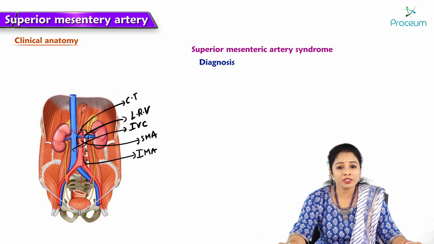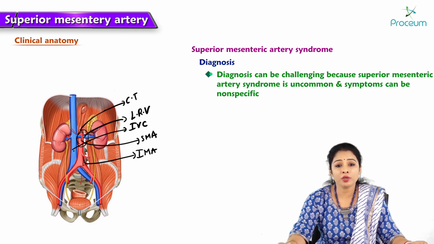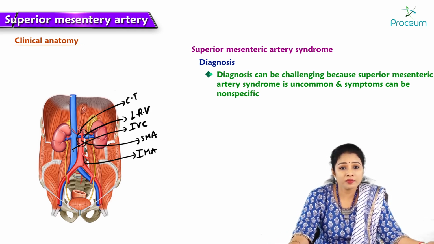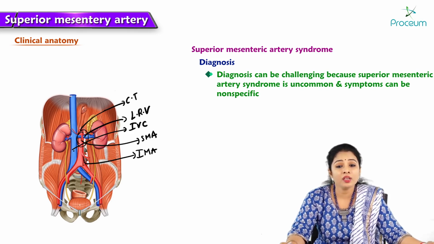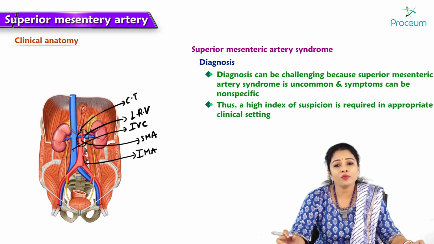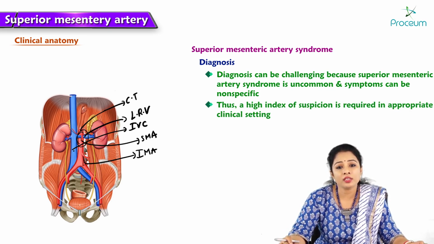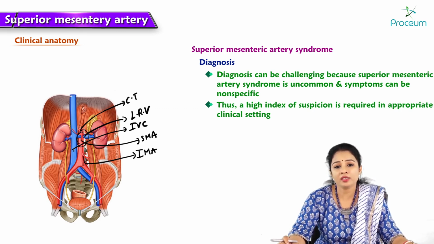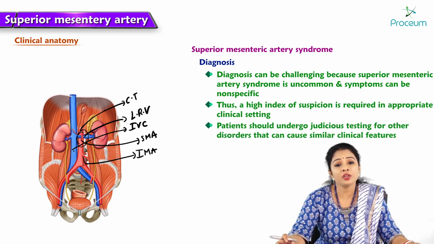Diagnosis for this condition can be challenging because superior mesenteric artery syndrome is uncommon and symptoms can be non-specific. Thus a high index of suspicion is required in the appropriate clinical settings. So patients should undergo judicious testing for other disorders that can cause similar clinical features.